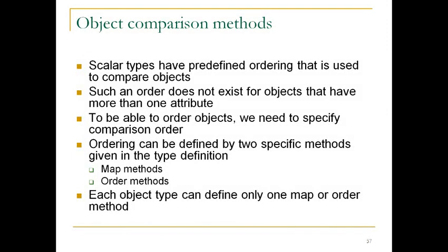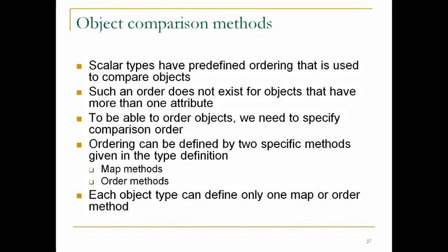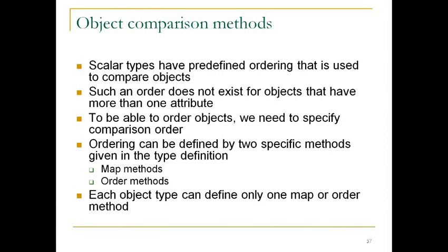And the idea is that to be able to order or to compare objects, we need to specify how it's done. And it is done by the following two types of methods: the map methods and the order methods. And each object can define only one of these methods, because both of them have the same purpose.